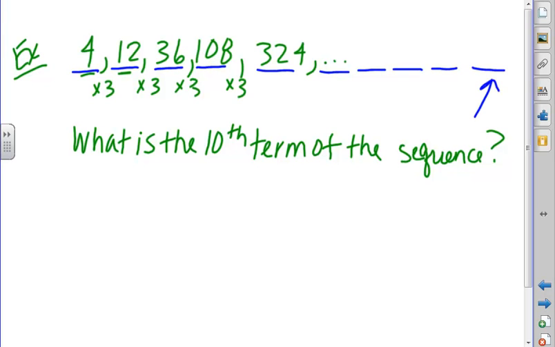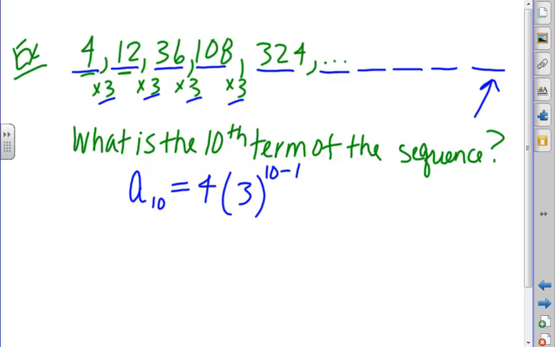So rather than using a recursive definition, using the explicit or the general definition, basically the thing in the 10th position is going to just be equal to whatever is in the first position times the common ratio, which is this 3 that we continuously multiply by, raised to 1 less than the place that we want to get to.